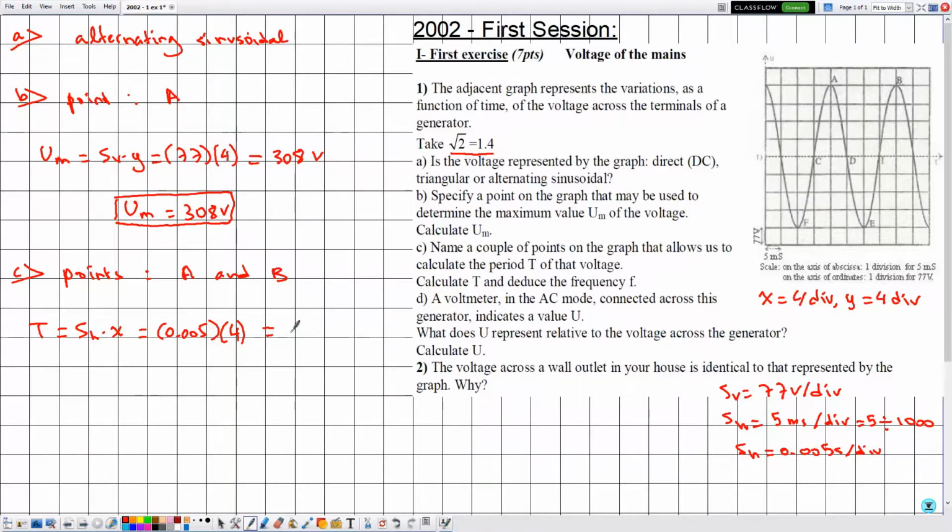Plugging this on the calculator, it gives me 0.02 seconds. Then the period is 0.02 seconds.